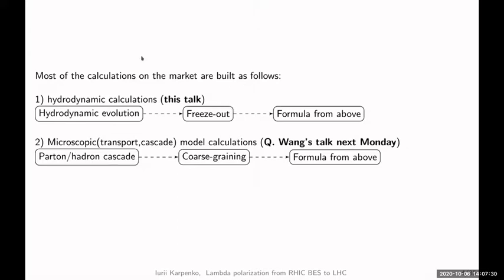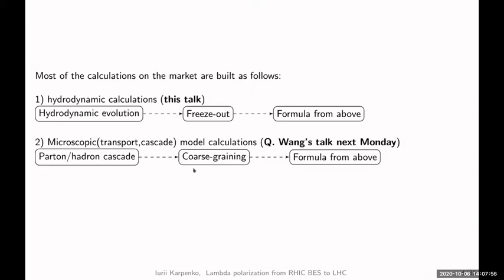The method number two, which is used in transport models, is essentially to have a parton or hadron cascade. Then at some point one can apply coarse graining, mapping the local energy and momentum into the temperature and chemical potential fields and the velocity field.